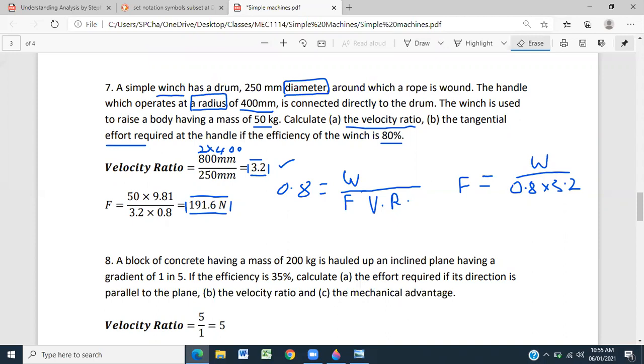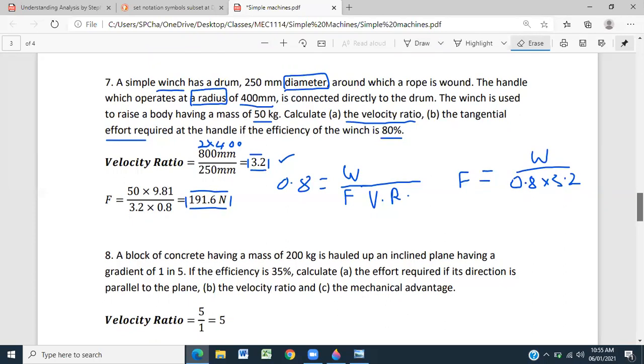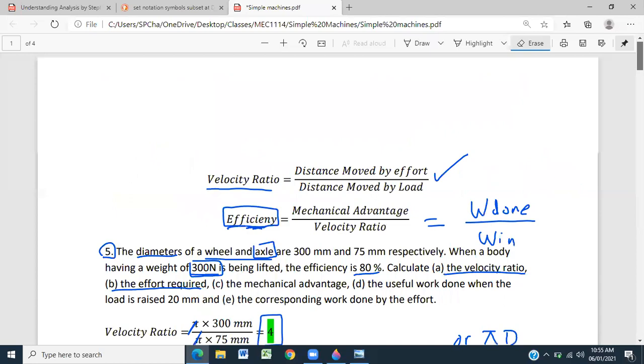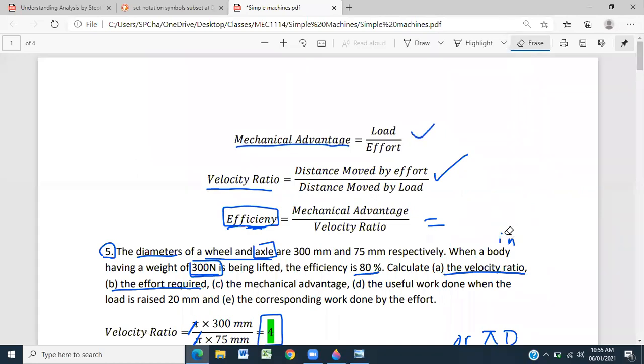Let me go back up. I kind of didn't realize I put it like that. So remember we had W times D1 over F times D2, the two distances. And we found this, the mechanical advantage, which is equal to the weight, the load, divided by the effort.